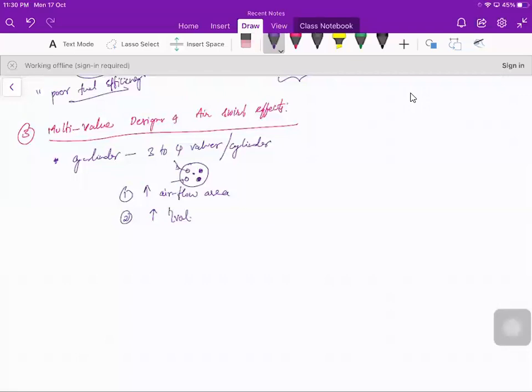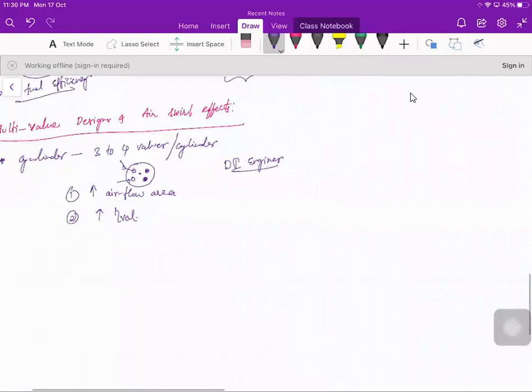Now, if you look at direct injection diesel engines, as we have discussed earlier, assume this is the cylinder top view. Here we have two inlet valves. This is the exhaust valve.